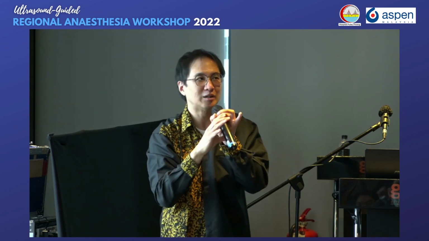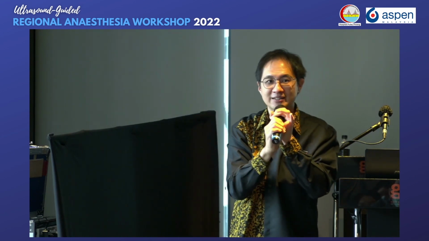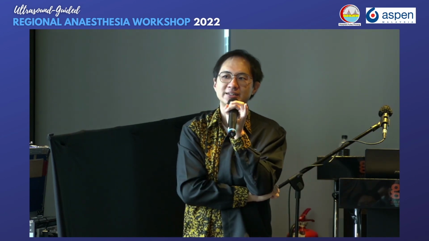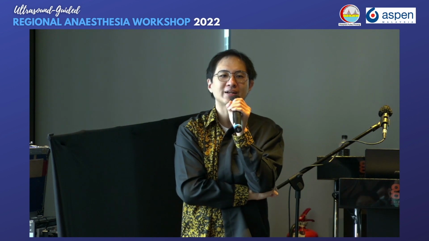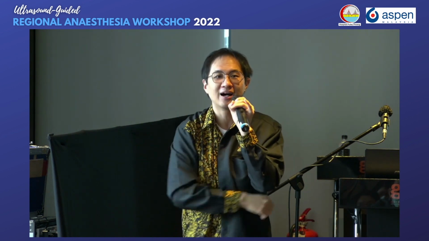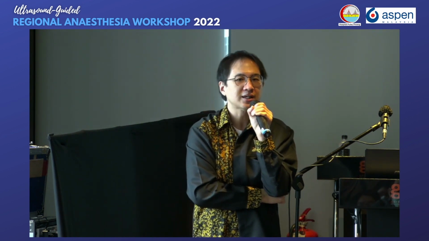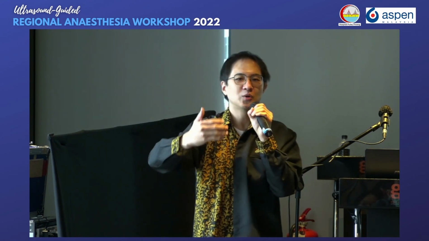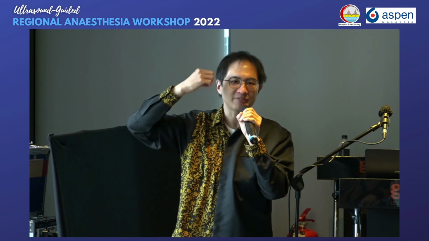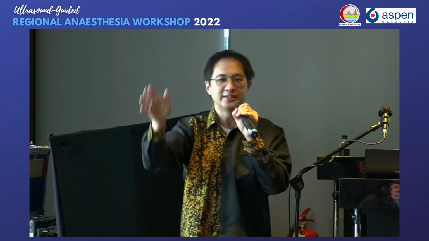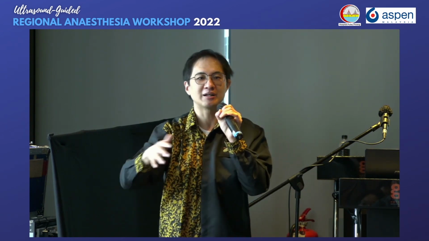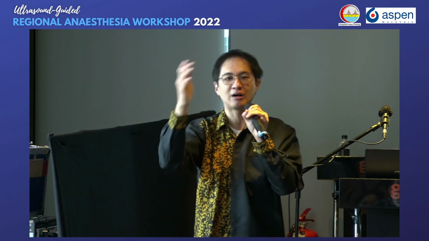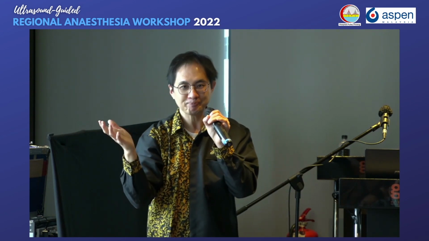The problem with the sciatic nerve that I usually think about is, what kind of spread are we looking at? Because the popliteal sciatic nerve is already quite peripheral. As nerves travel from central to peripheral, the epimysium, the connective tissue around the nerve, becomes thicker and thicker.